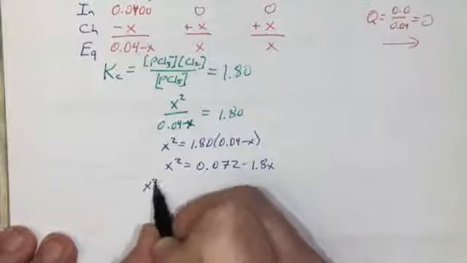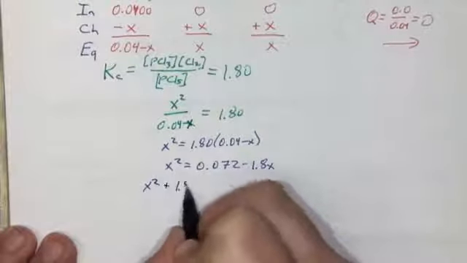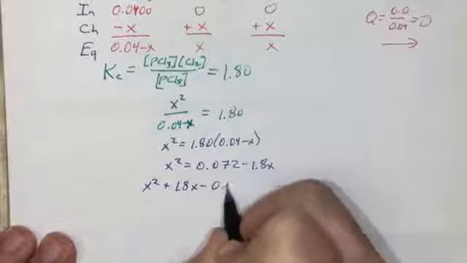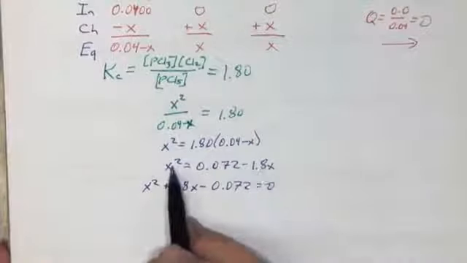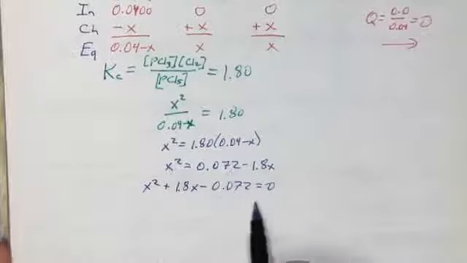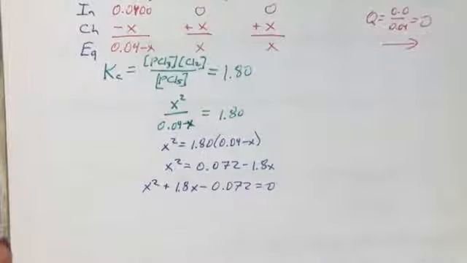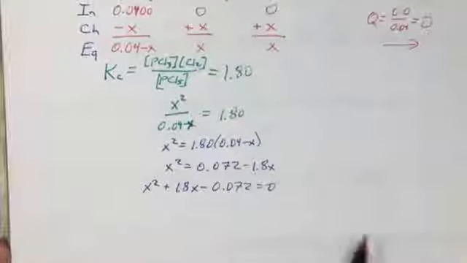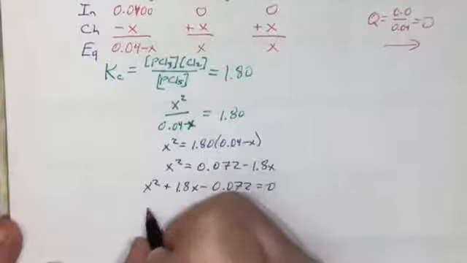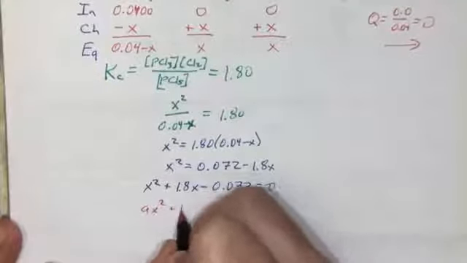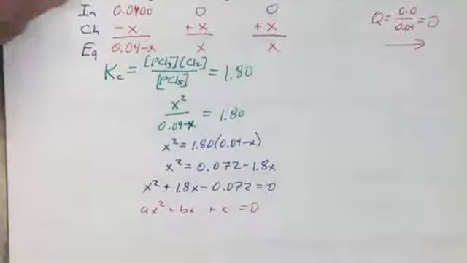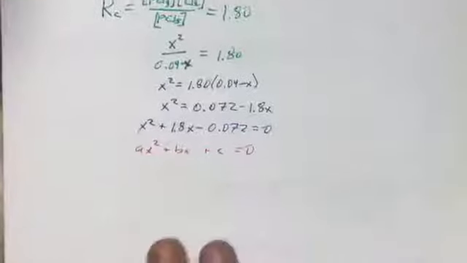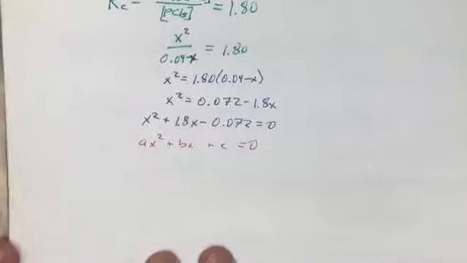So I'll have X squared plus 1.8X minus 0.072 equals 0. That's just algebra. I add 1.8X to both sides and subtract 0.072 from both sides. This is in the form of a second order polynomial, AX squared plus BX plus C equals 0. Be prepared for a quadratic formula question. You may have to use the quadratic formula in order to solve one of these questions on the exam.